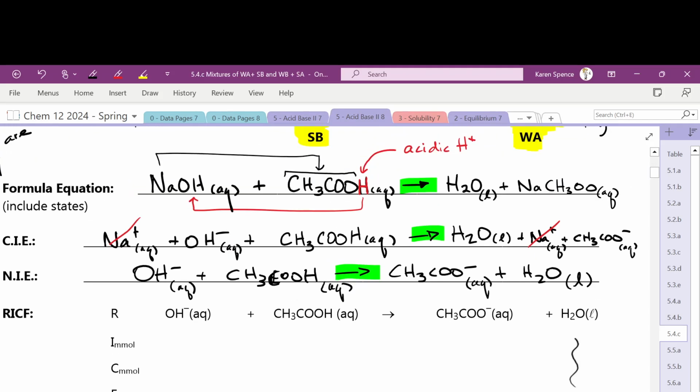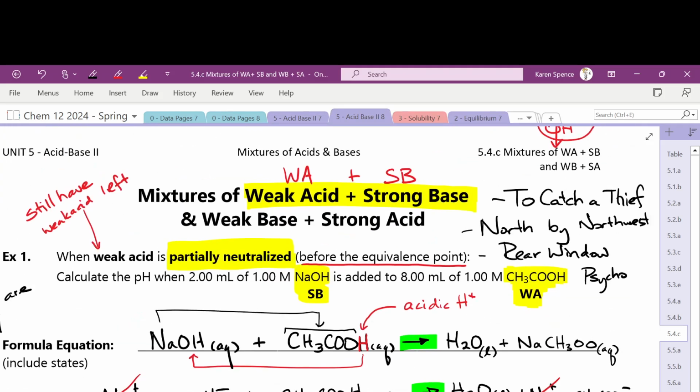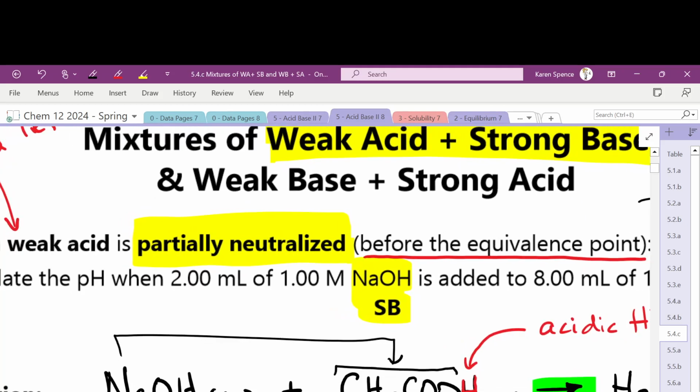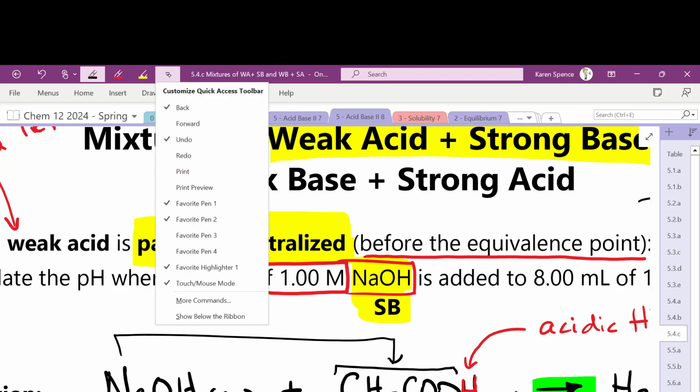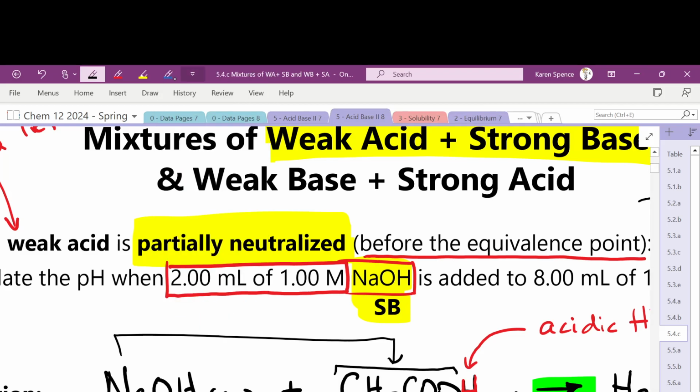Now you are going to see the power of the millimole. Let's take a look at our numbers here. We have 2 milliliters of 1.00 molar NaOH. If I just want to do a quick calculation, I can say I have 2 milliliters times, and I'm going to play fast and loose with my sig figs here, 1 mole per liter.